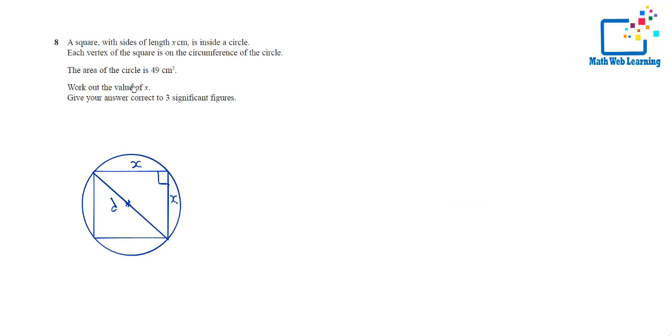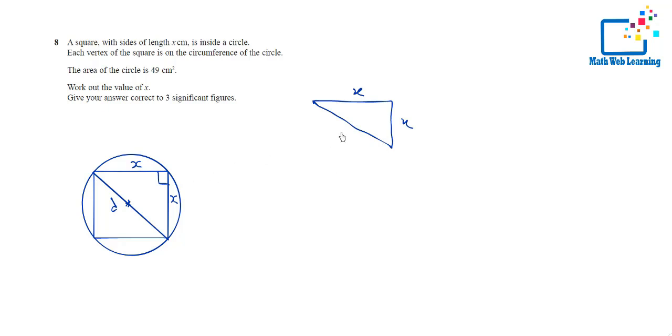Question number 8, we have a circle, and in that circle we have a square of length x. We need to calculate the value of x, so we need to use Pythagoras, because that is the right angle triangle there, if you allow me to illustrate. That is x, just a little sketch there.